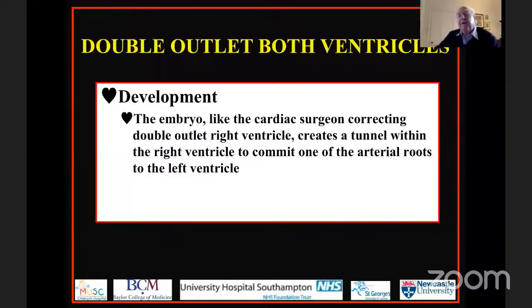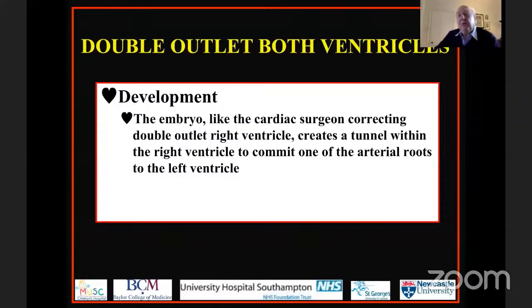And that is because, like the cardiac surgeon, the embryo creates a shelf in the roof of the right ventricle by fusing together those cushions so as to commit one of the arterial roots to the left ventricle.